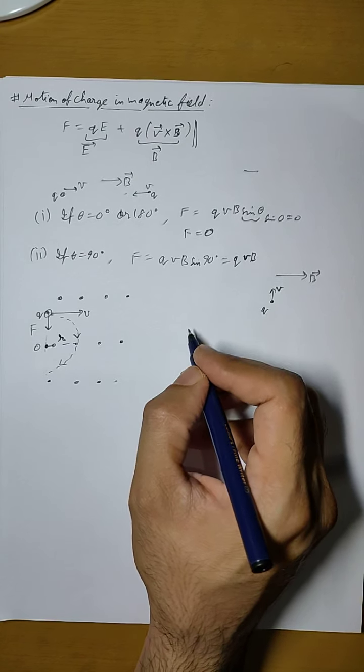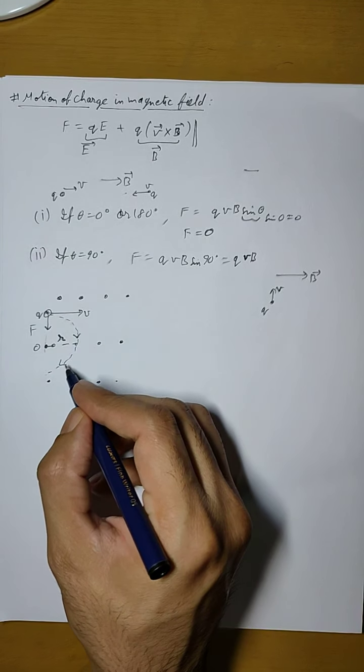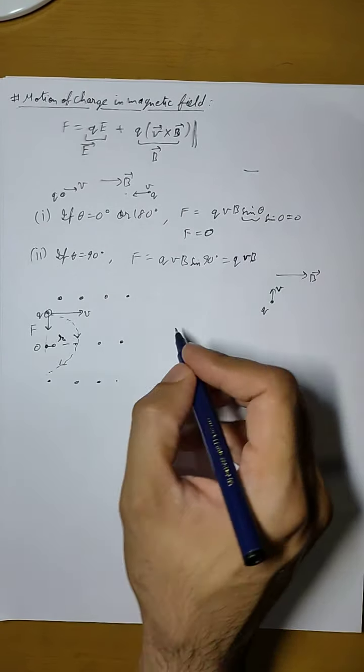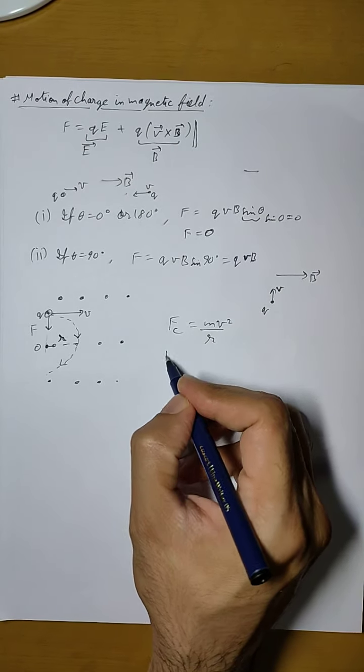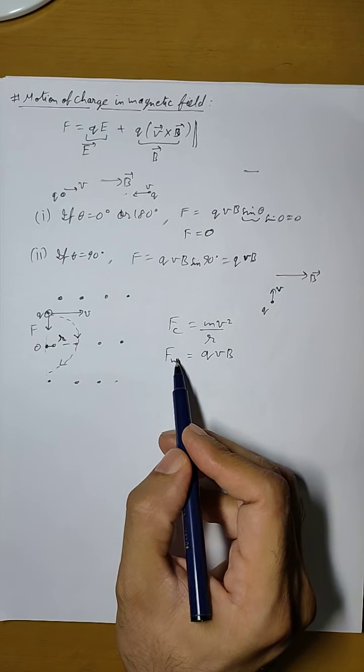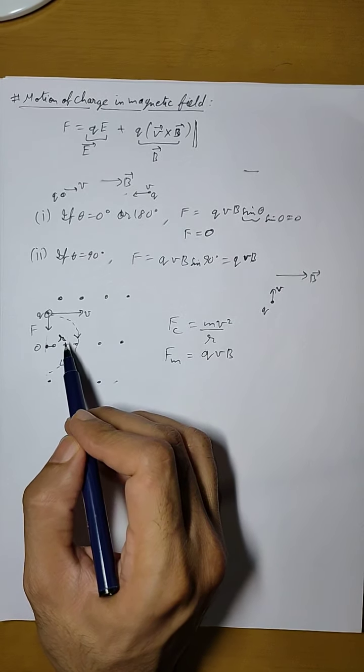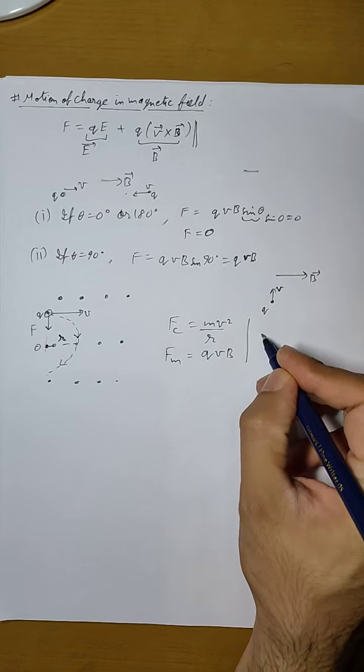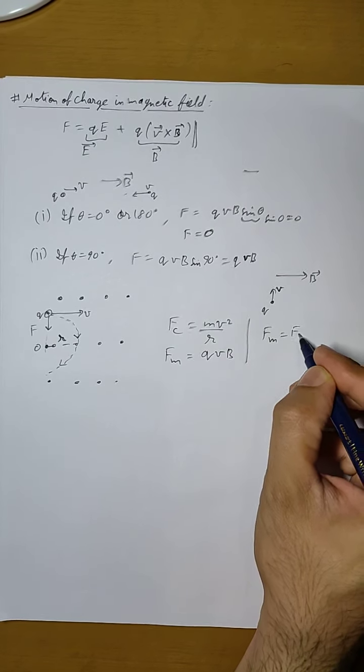So if the charged particle is moving in a circle, then it will have some centripetal force Fc, which is given as mv² upon r, and there is a magnetic Lorentz force, which is qVB, which is causing this centripetal force. So this means Fm should be equal to Fc.